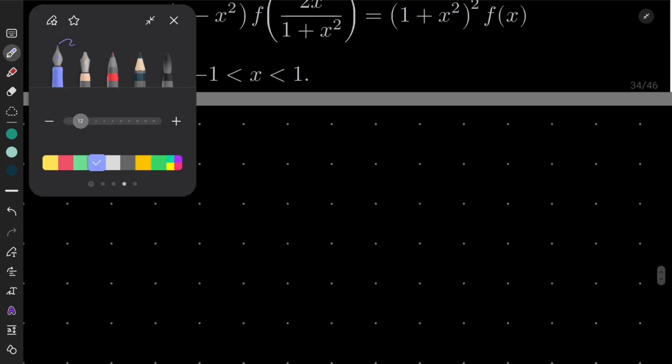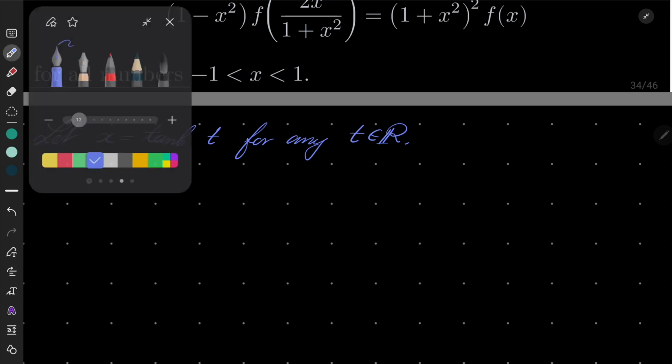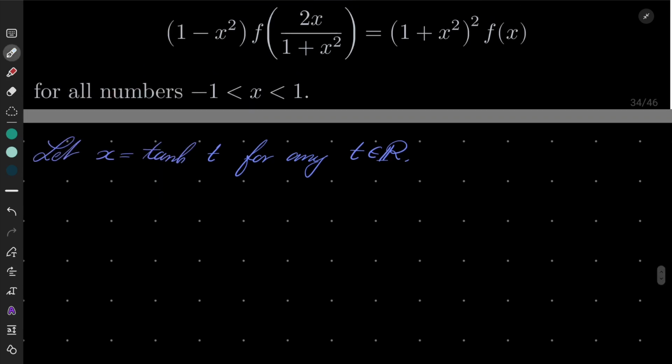As I suggested, let x be equal to hyperbolic tangent of t for any real number t. We know that it's properly given because the range of hyperbolic tangent is in fact the open interval from -1 to 1. You can verify the graph if you wish. And now let's put everything in our functional equation.